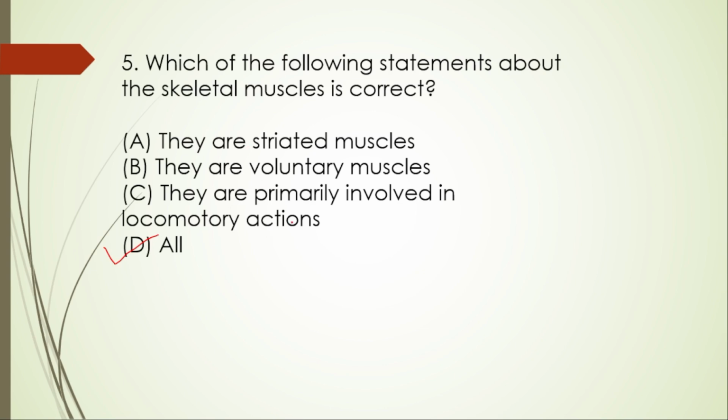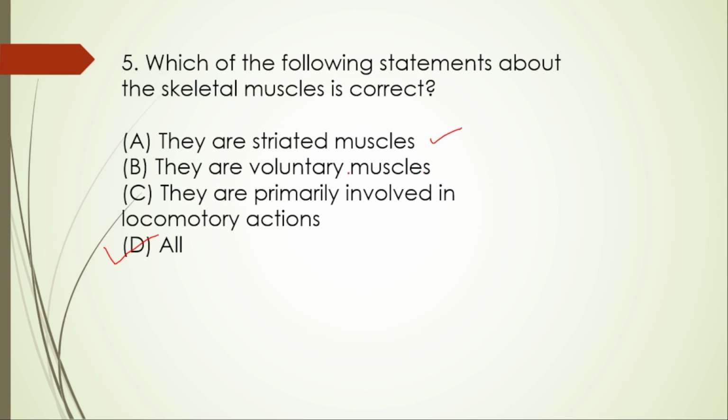These all are with respect to skeletal muscle only. They are striated muscles, yes, under the microscope. Skeletal muscle fibers show alternating light and dark bands, which is why they are called striated muscles. Voluntary muscles are under the conscious control of the somatic nervous system, meaning you can move them at will.